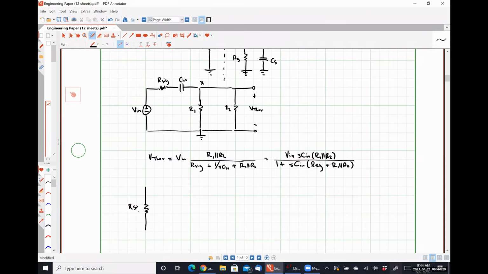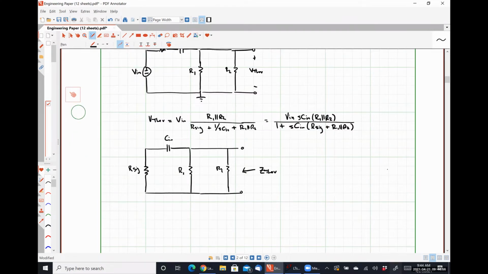So we're going to have R sig, Cn, R1, R2, looking in this way, we're going to see some impedance Z Thevenin, and it should be fairly easy to see. This is just R1 in parallel with R2 in parallel with the series combination of R sig and CN.